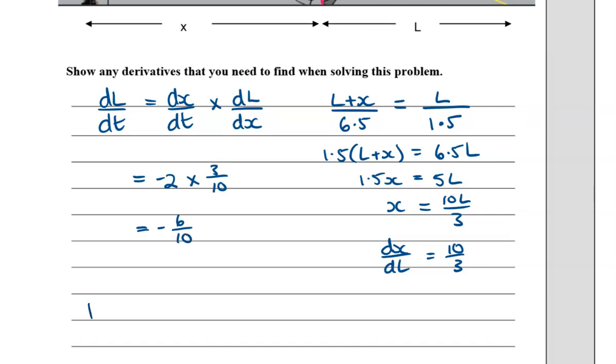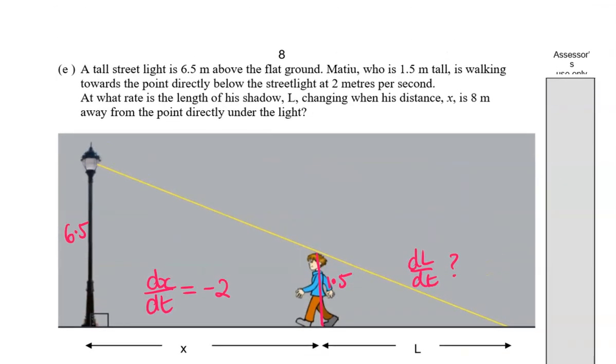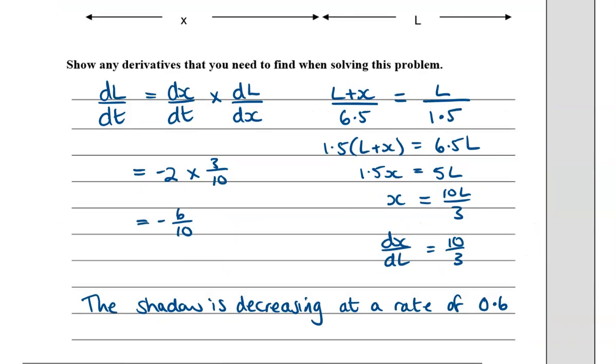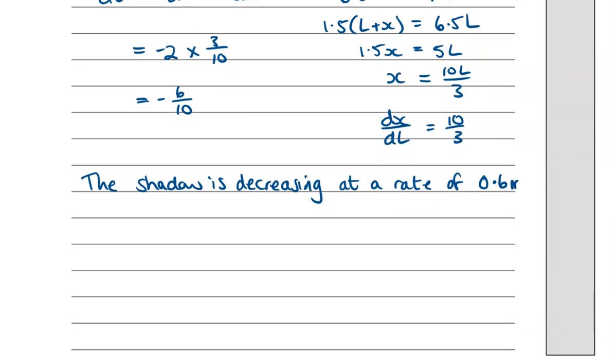So put that back into the context of the question. The shadow is decreasing at a rate of 0.6, and then remember to put your units on. So we were measuring these lengths in meters and the times in seconds. So that is meters per second.